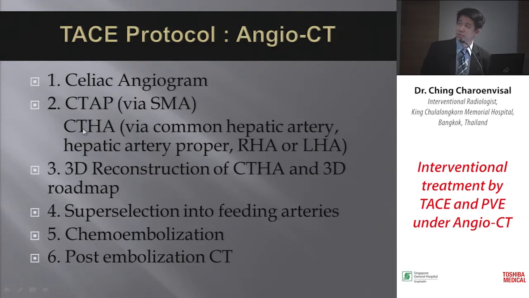And then we do the CT-HA. CT-HA is a CT of the hepatic artery. We can do it via the common hepatic artery, hepatic artery proper, right hepatic artery, or left hepatic artery. So we can see the hepatic artery from the CT-HA.